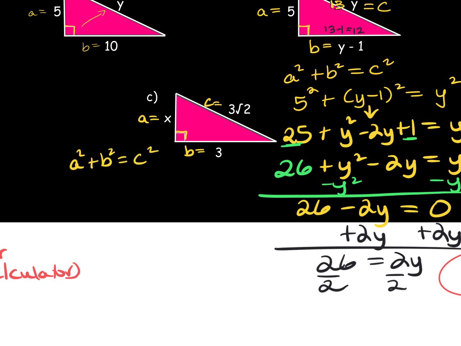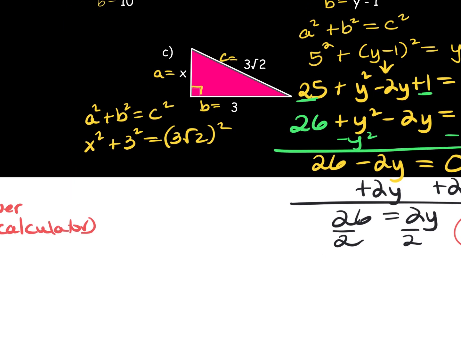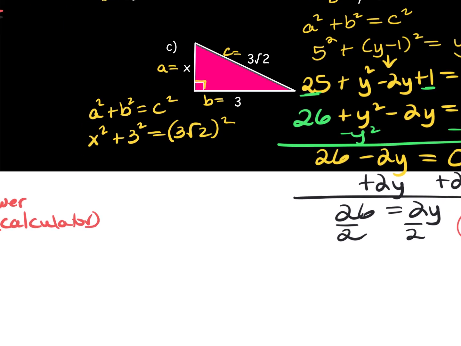So I'll plug in X for the A, 3 for the B, and my C is 3 square root 2. So I gotta square that radical. So what that really means is, for this, I'm doing 3 square root 2 times 3 square root 2.